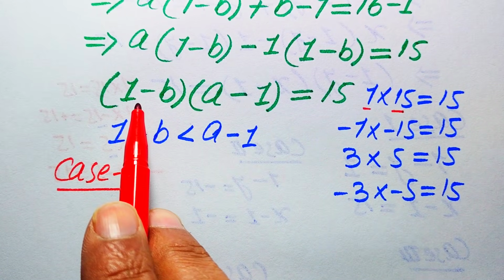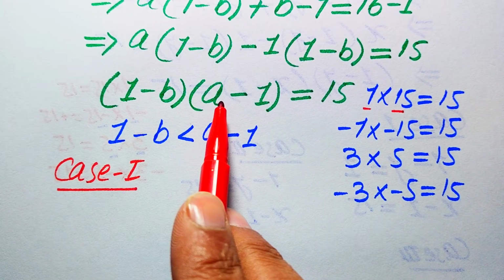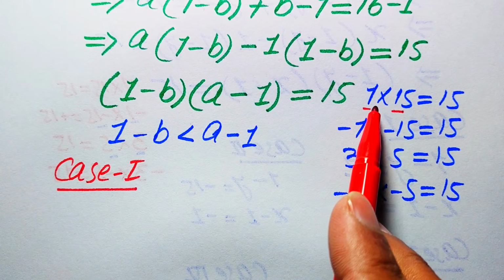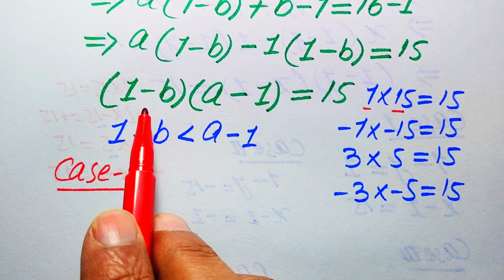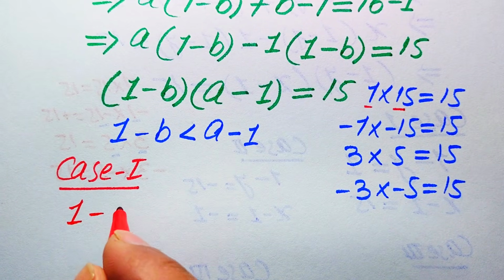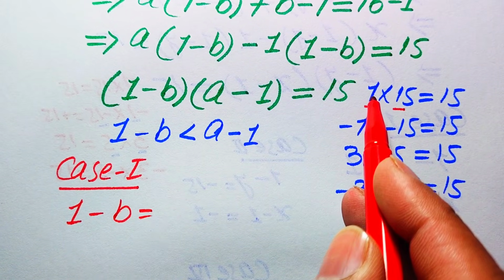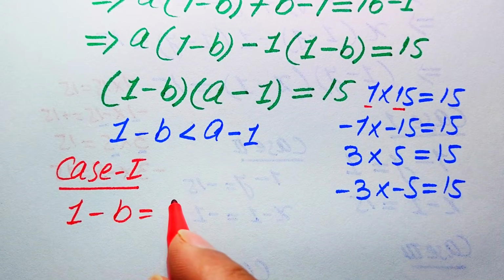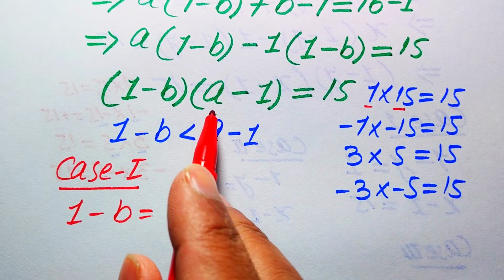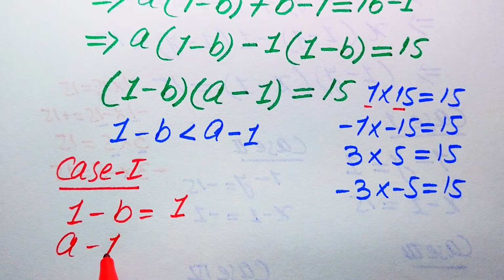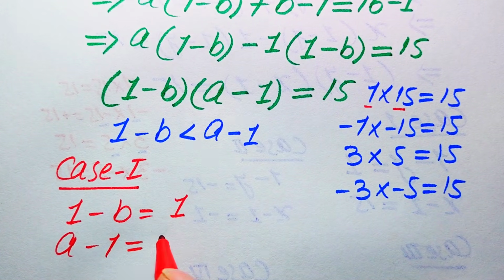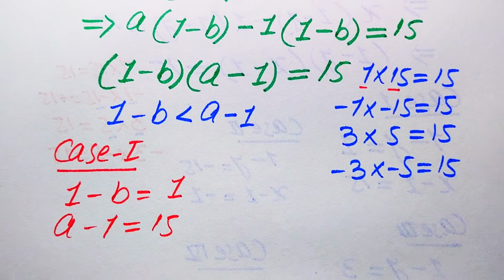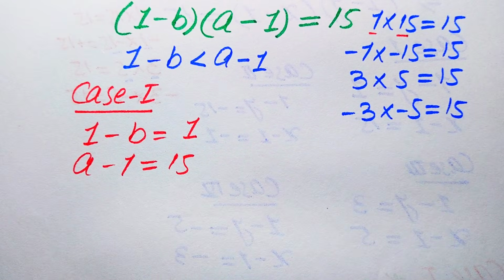Because 1 minus b is smaller than a minus 1, we choose the smaller value here. 1 minus b is equal to the smaller value of 1 and 15, which is 1, and a minus 1 is equal to the bigger value, which is 15. So this is our first case.